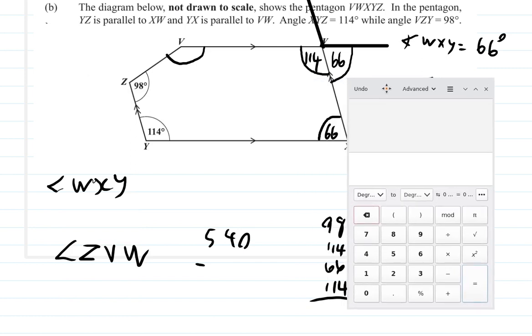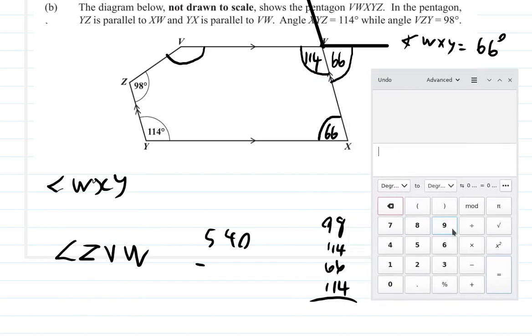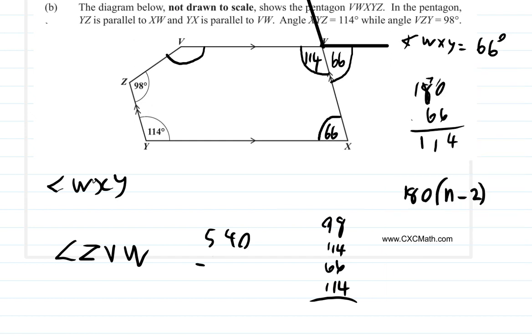That's going to be 98 plus 114 plus 66 plus 114 equals 392. So it's 540 minus 392. That's what you're going to get.